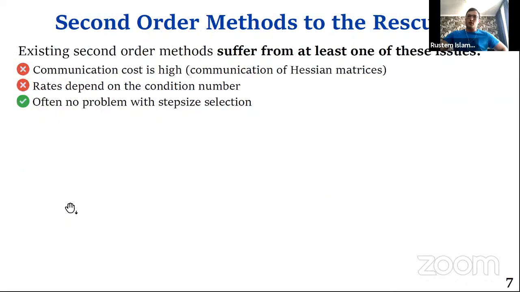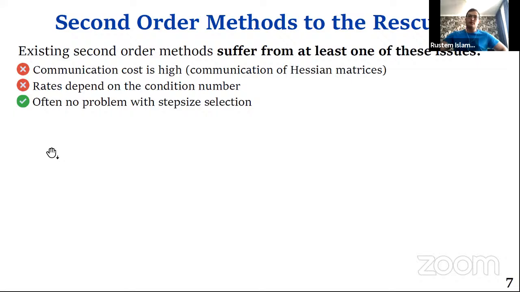One way we can handle this problem in classic optimization is to use second order information about the objective. But in distributed optimization, all existing second-order methods suffer from at least one of the following problems. As far as we know, the communication cost is too expensive.